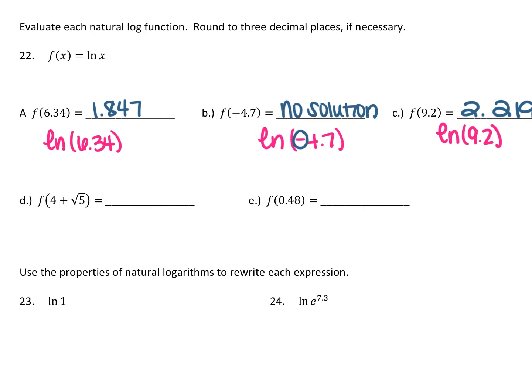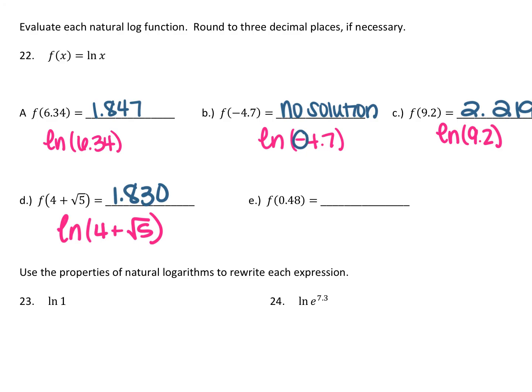And then for D, you have f of 4 plus the square root of 5. So that's the natural log of 4 plus square root of 5. Should give you, here, let's write this down. Natural log of 4 plus the square root of 5. Rounded to 3 decimal places, 1.830.